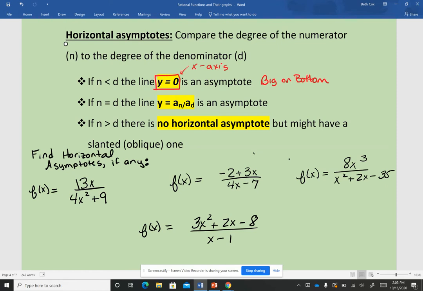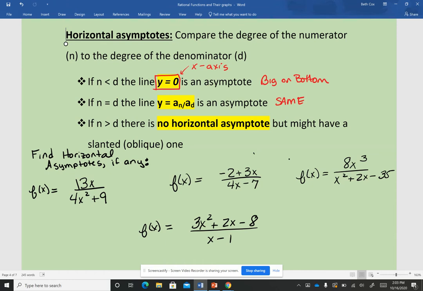Now, the second one says if they're the same. If the degrees are the same, then we have to look at the coefficients. Remember, the a number is the first number in our polynomial. We're used to that. The a of the numerator over the a of the denominator ends up being our horizontal line, so we create a little fraction out of that.